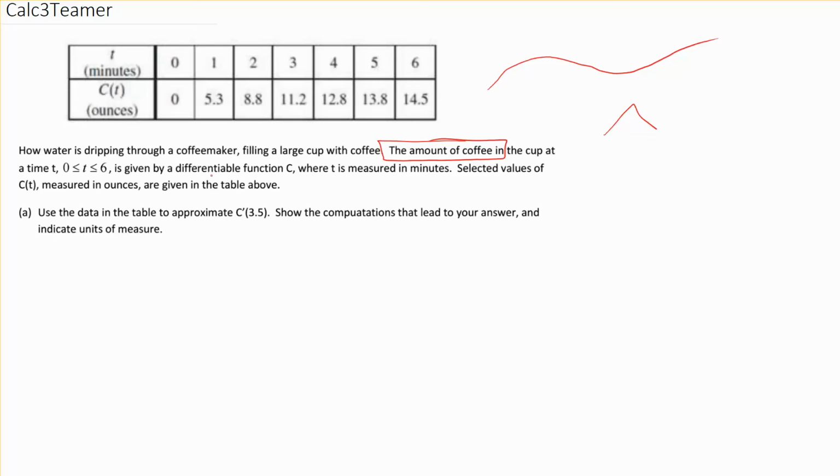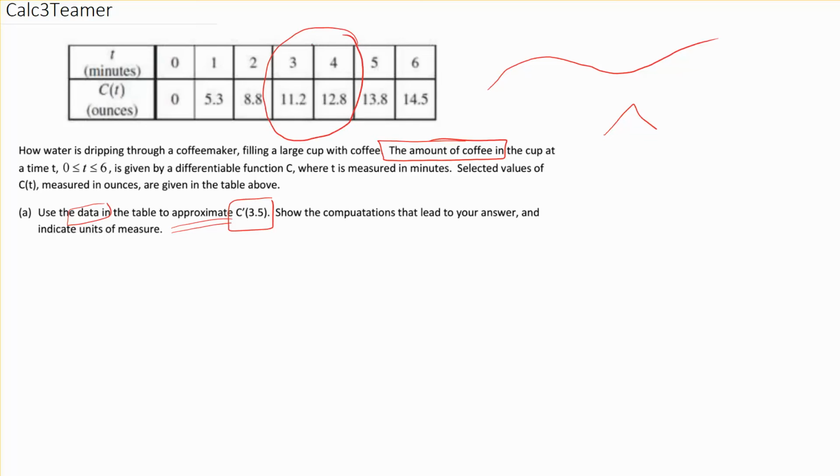Use the data in the table above to approximate c prime at 3.5. So we've got to use the data. What I noticed in class is that people wanted to put it in their calculator and try to find the function. That's not wrong, but specifically what we're looking for in a problem like this is that we want to approximate the function at 3.5.